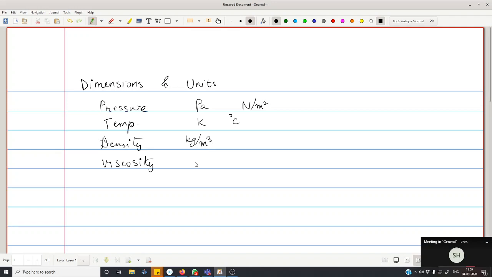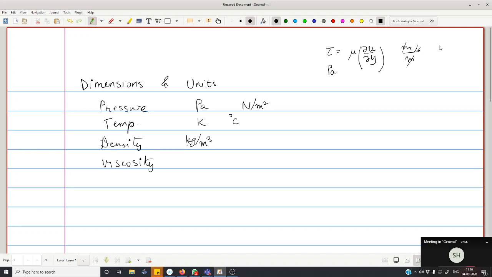Units of viscosity. How do you find the units of viscosity? Let us look at the definition of viscosity. The definition of viscosity was shear stress, tau, is equal to mu times del u by del y. The unit of tau is Pascal, while u is meter per second and y is meter.